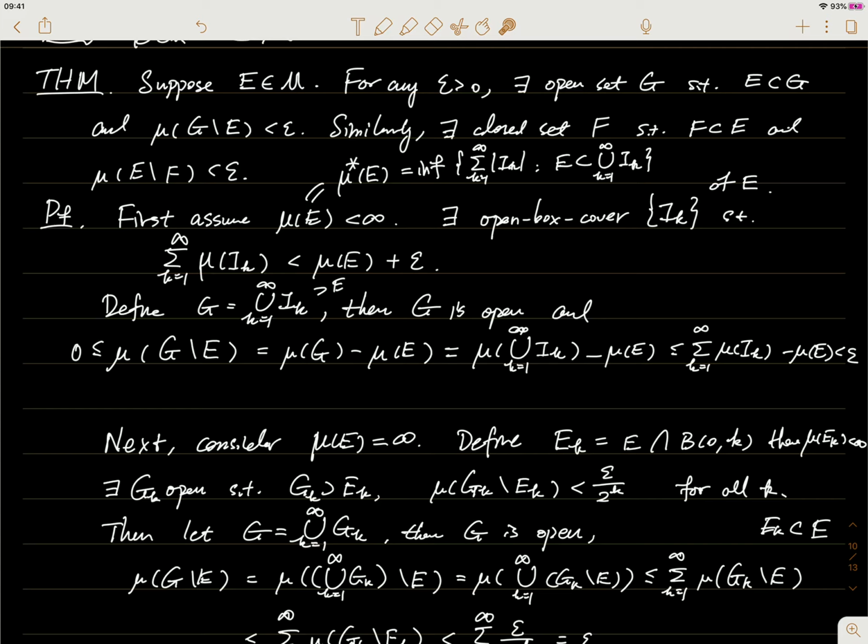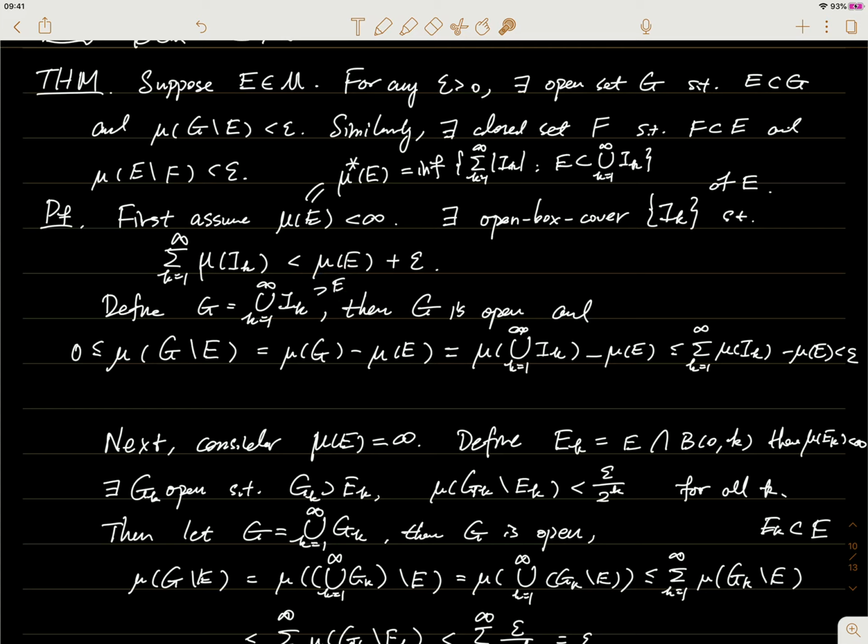So for this open box cover, I can take the union of them, and that gives me G, which is still open. The reason is that each one of them is open, and the union of open sets is still open. And since it's an open box cover of E, G will contain E. So G is open and it contains E.